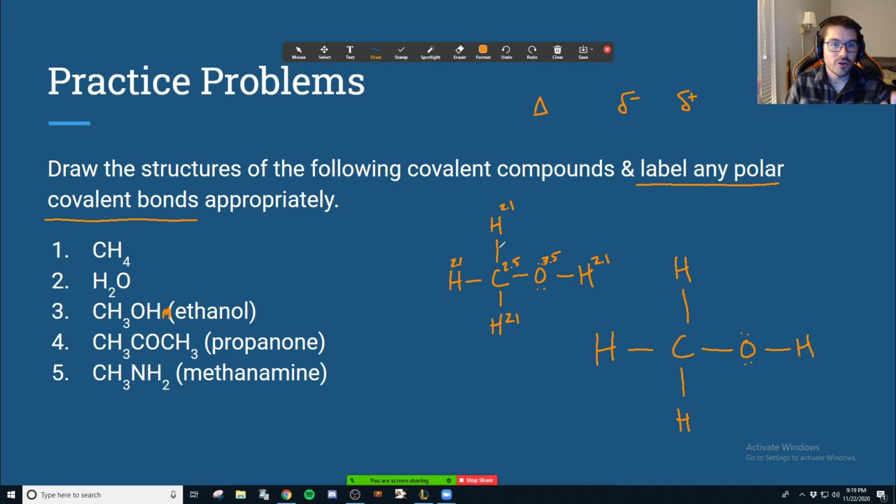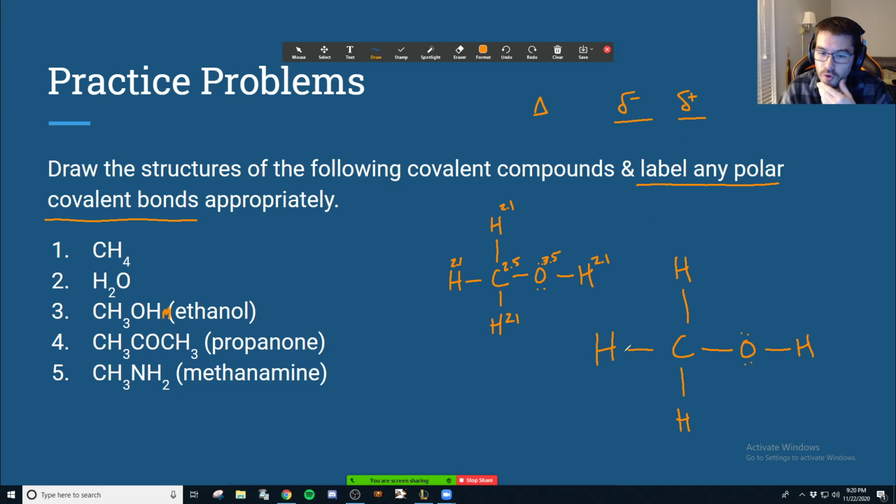If it's not greater than 0.5, that's going to be a regular covalent bond. We're going to assume that the electron sharing there is either perfectly equal or close enough to being perfectly equal that we don't have these partial charges. But if we do have a difference in electronegativity greater than 0.5, that's when we're going to say, okay, this is a polar covalent bond and we need these labels.